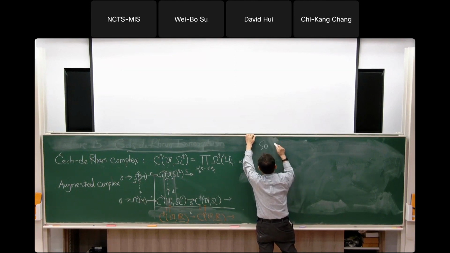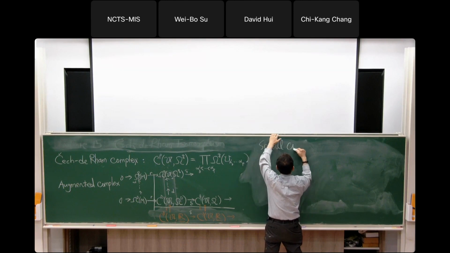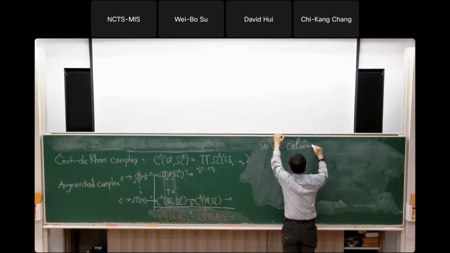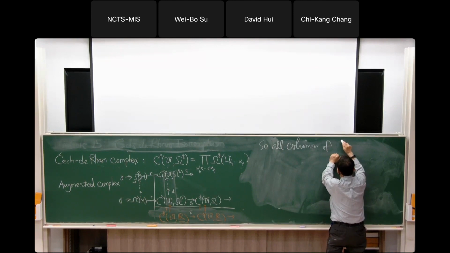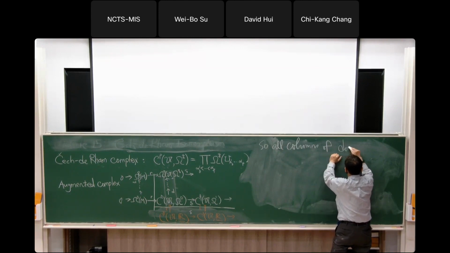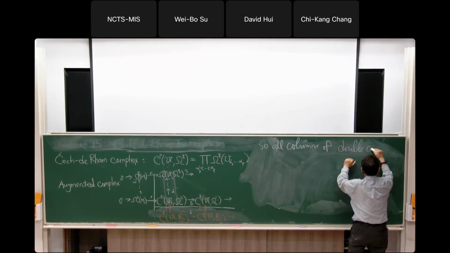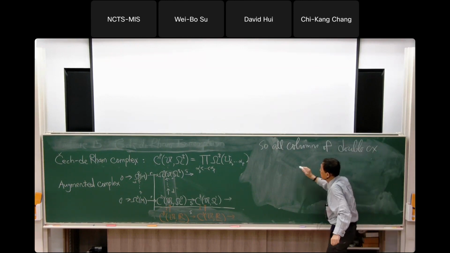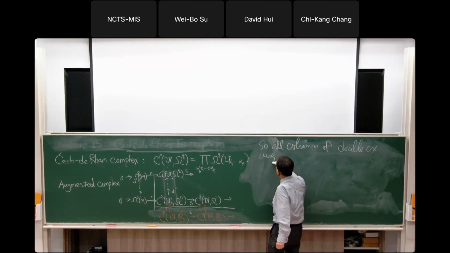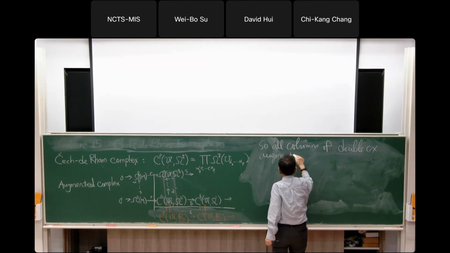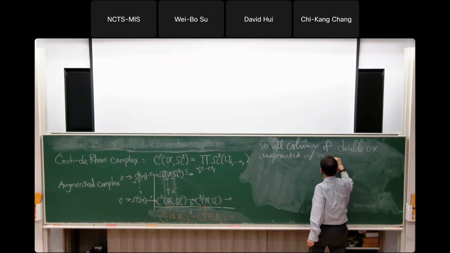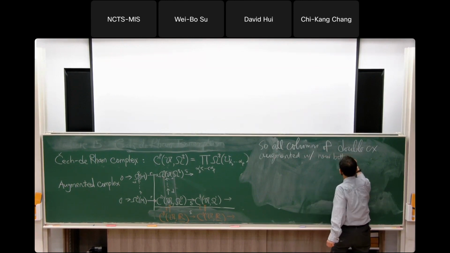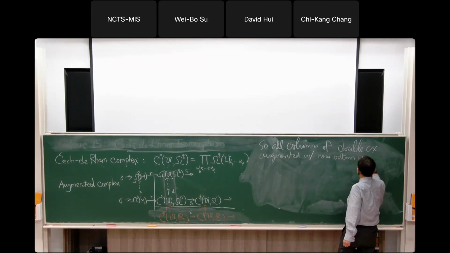So all columns of the double complex augmented with a new bottom row are exact.